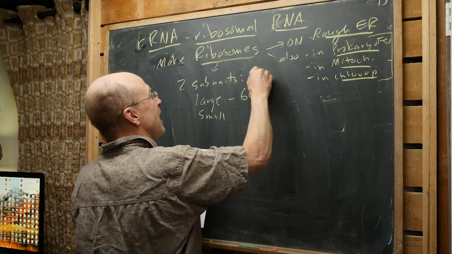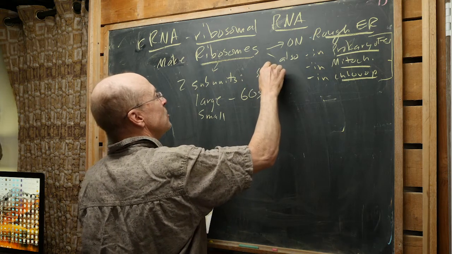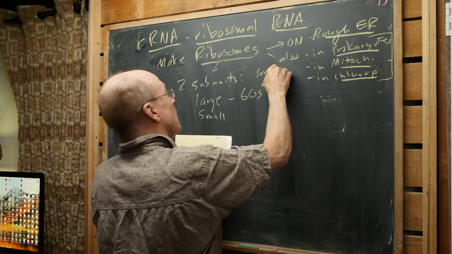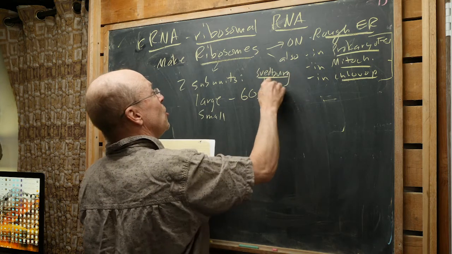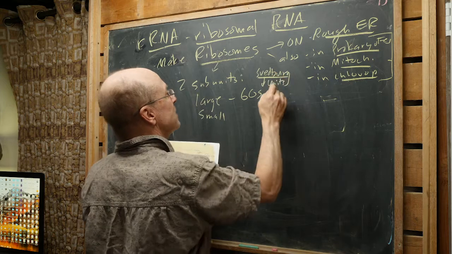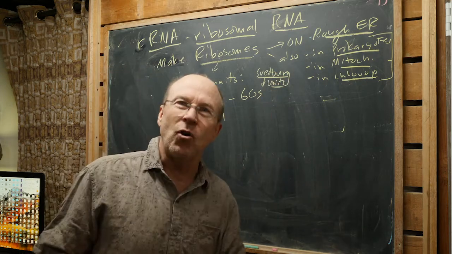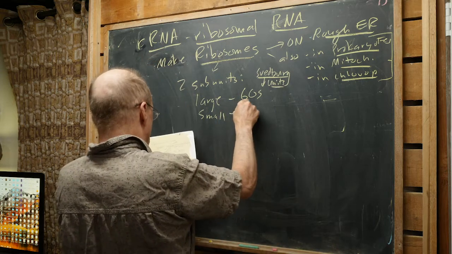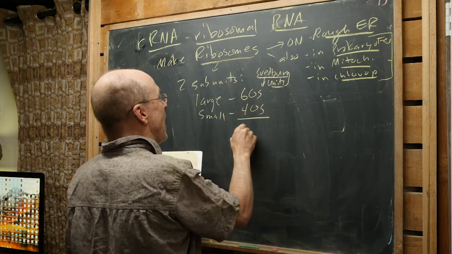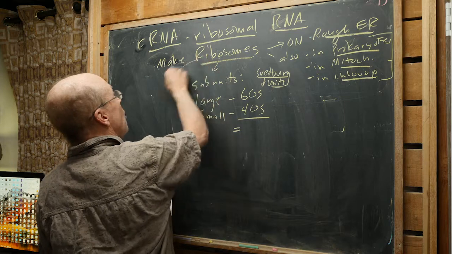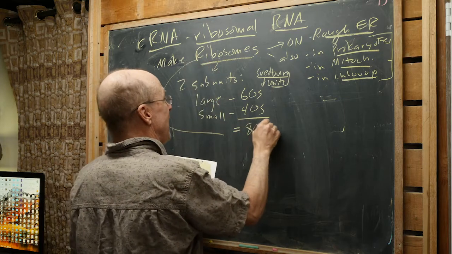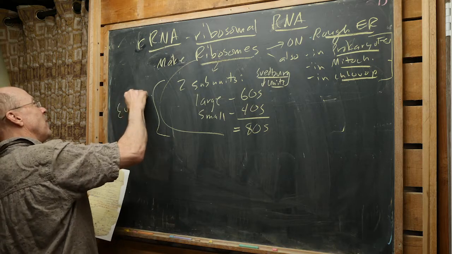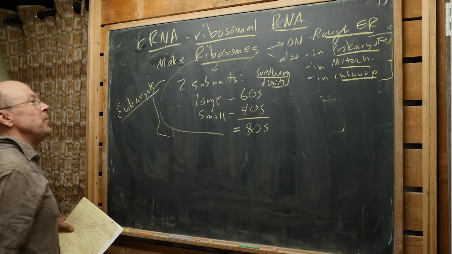And the S stands for units of sedimentation called Svedberg units. Svedberg units is what they are, and this is a sedimentation phenomenon, so it's kind of old 20th century beautiful stuff. And then we have also the 40S, and when you add these together, the full ribosome equals an 80S in eukaryotes.